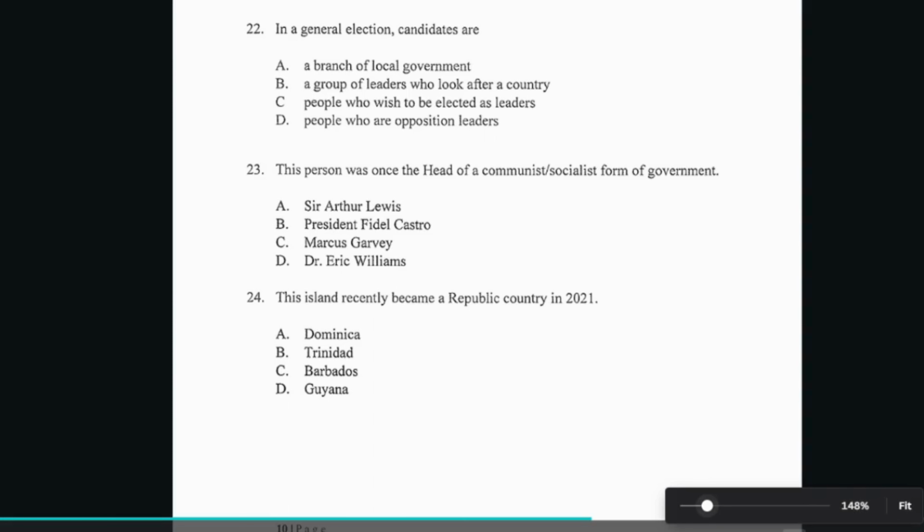Okay. Then we have Dr. Eric Williams. He was, I should say, a Caribbean historian, and he was the first president of Trinidad and Tobago, and he was known as the father of the nation. Although he did have a pragmatic socialism approach, it wasn't necessarily like communism.